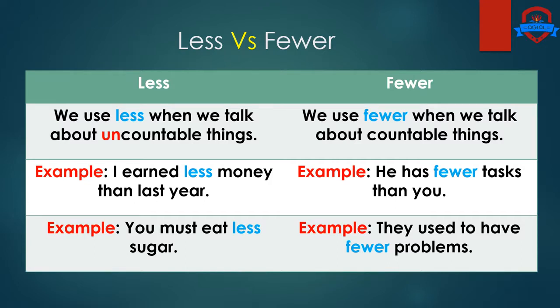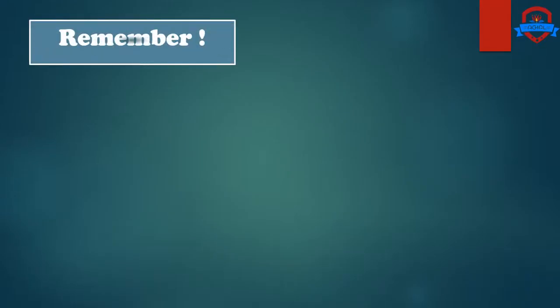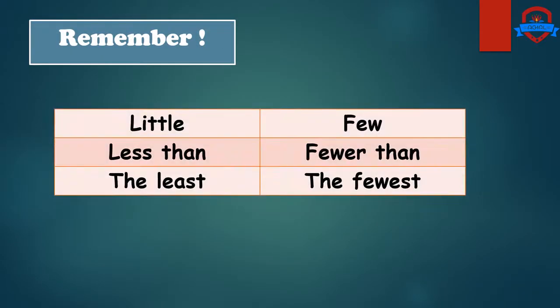For example, he has fewer tasks than you. Or they used to have fewer problems. Remember, little, less than when we compare between two things, the least when we compare between one thing and many things, few, fewer than, the fewest.